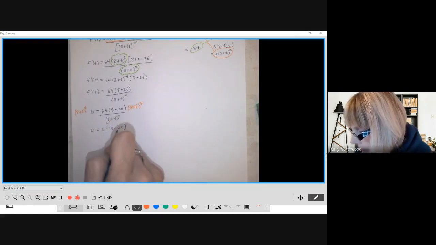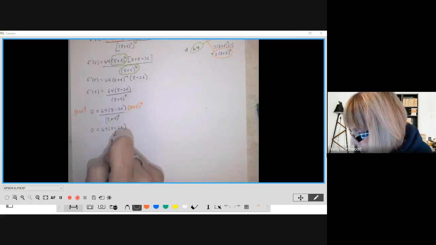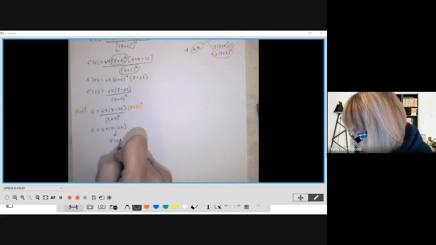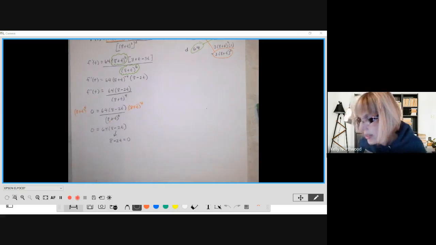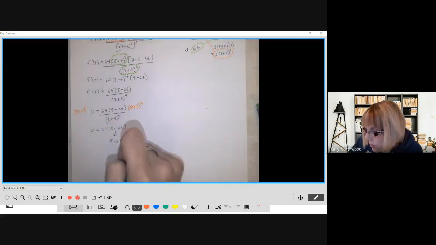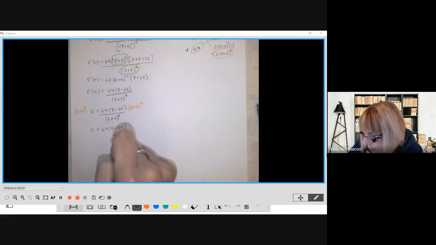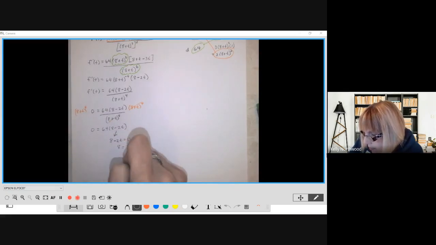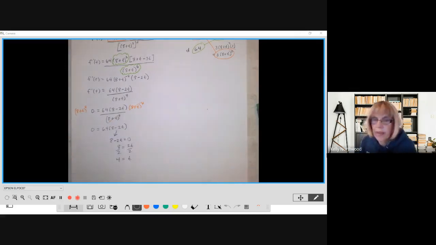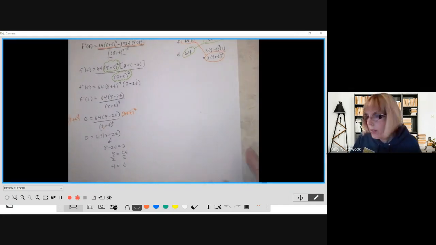I know 64 times that has to equal 0 is only true if 8 minus 2t equals 0. 64 can never be 0. Add 2t to both sides, and you end up getting t equal to 4. So that's the only place where we could have a peak or valley. So we'll check that now.